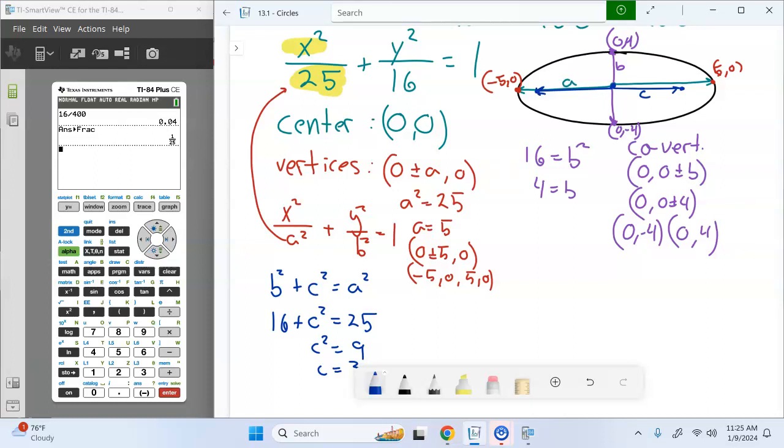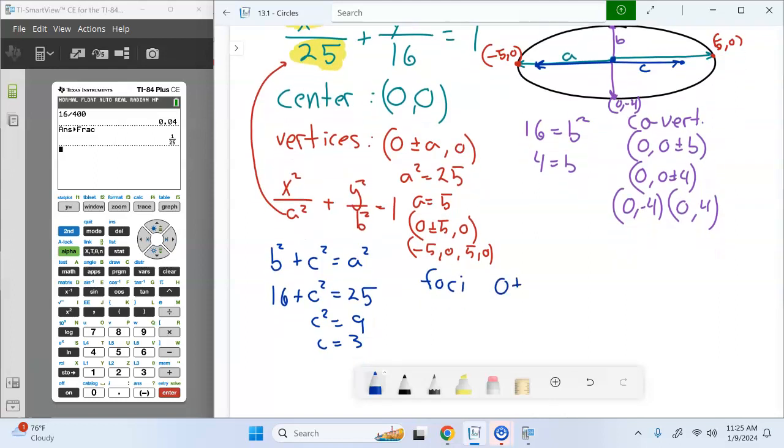Is that going to be adding and subtracting the x or the y? The x. So for our foci, we'll take our center and add and subtract the C value to x. So we're adding and subtracting 3 to get negative 3, 0, and 3, 0.